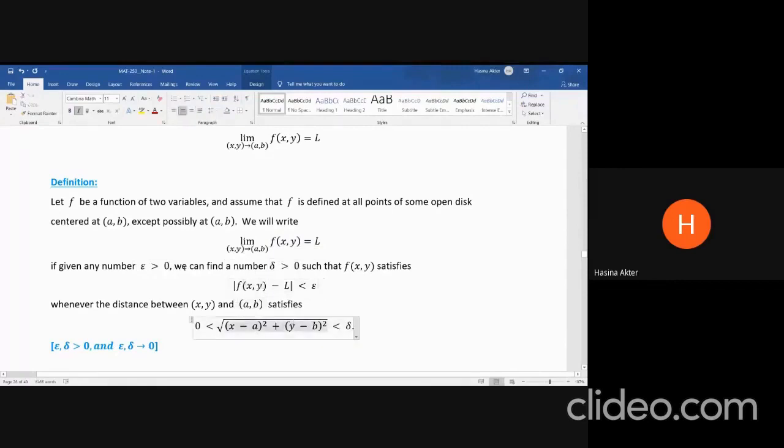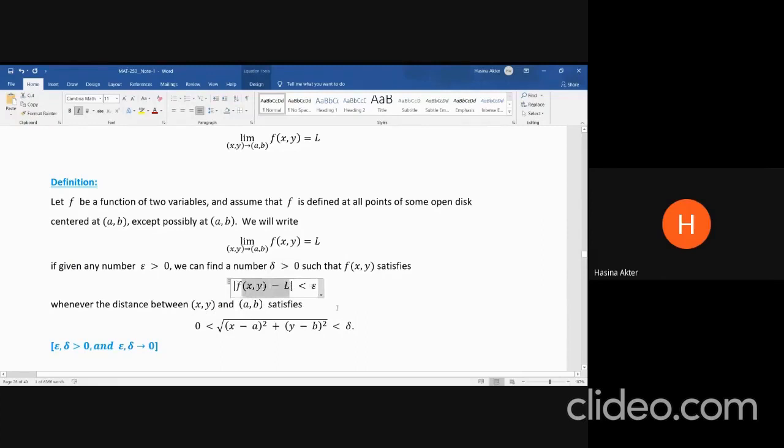What does it mean? For every epsilon greater than 0, if we can find delta greater than 0, such that whenever the distance between the input and the center of the disk is less than delta, that means whenever the input is in the disk around the point AB, then the value of the function is within epsilon distance, in the one-dimensional disk with center L. That means the difference between the output and L must be less than epsilon.